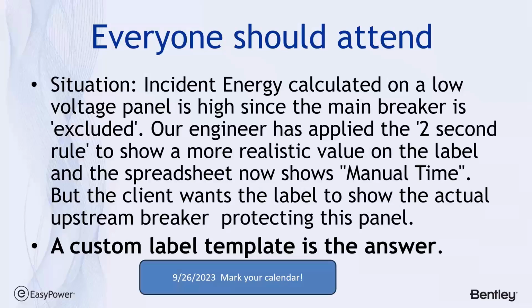However, the client wants the label to show the actual upstream breaker protecting this panel. How do you get that? Well, the answer is a custom label. And this situation prompted a webinar that we're going to go through in 2 weeks. So if you haven't cut your teeth on the label maker, this is a good situation to do so.